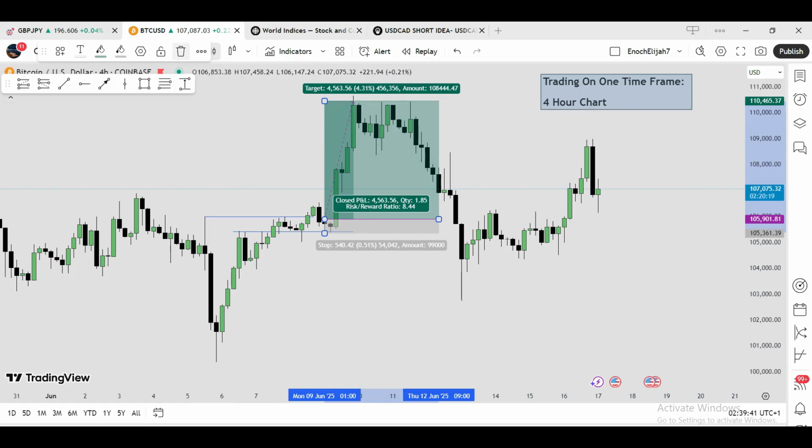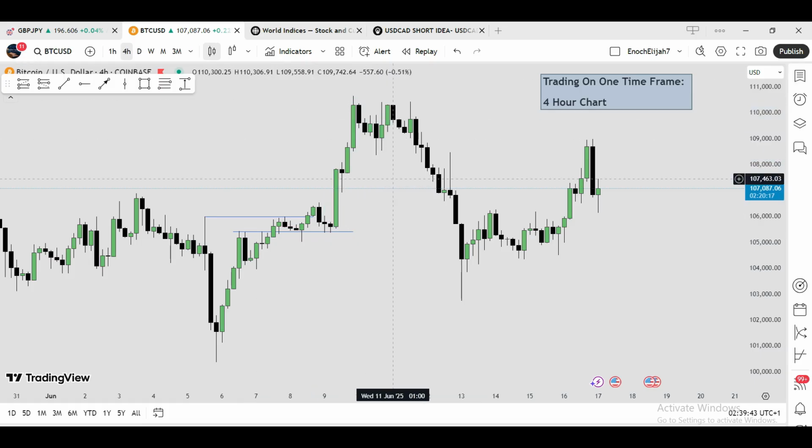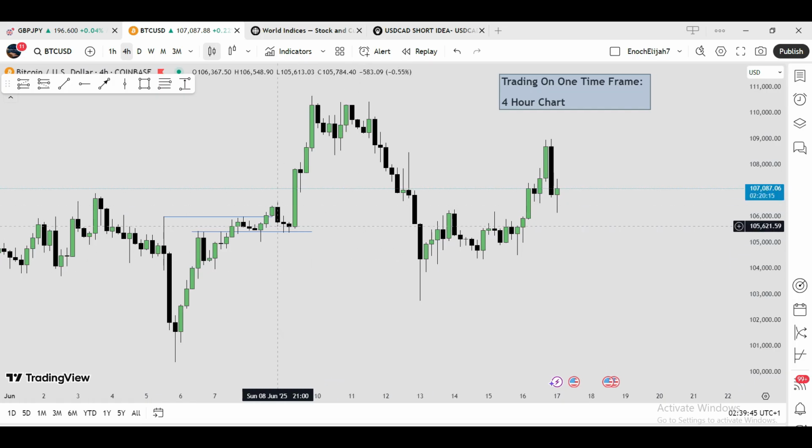So you see. So again here, price broke this low. It turned bearish here for me, and then it retests the imbalance here. Now that changed my bias to bearishness.